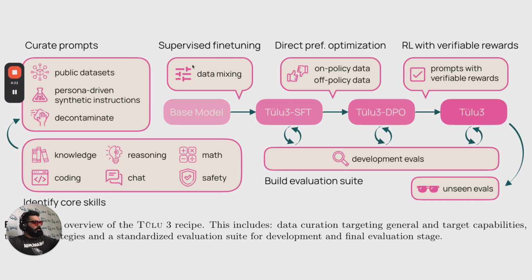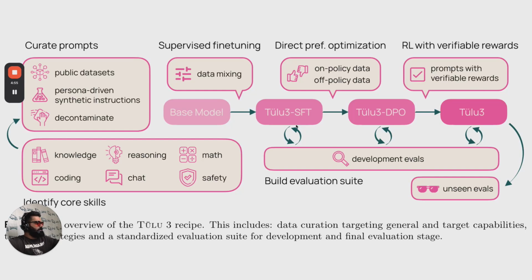And that process also involves another layer of data mixing that we're going to walk through. Then they take the SFT model and they do DPO on it with on-policy and off-policy data to yield Tulu 3 DPO. And then they perform RLVR on their DPO model to get the final Tulu 3 model.